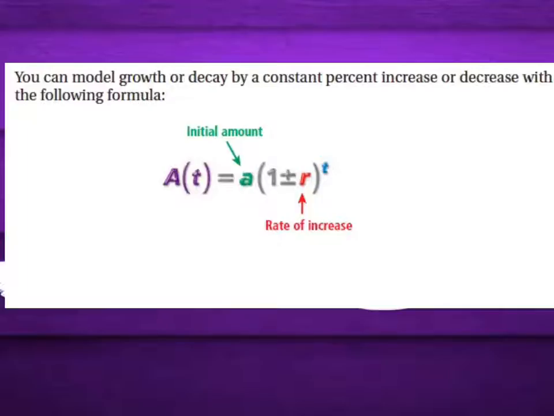The value of R is either your rate of increase or decrease. Notice you have that plus or minus there in the middle. If it was increase, it would be 1 plus R. If it's decrease, it's going to be 1 minus R. T stands for the number of time periods, and A of T stands for your final answer or your final amount. Basically what you're looking for.